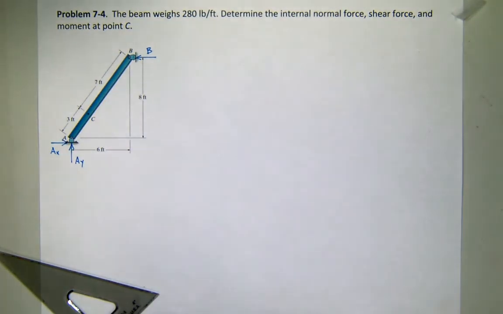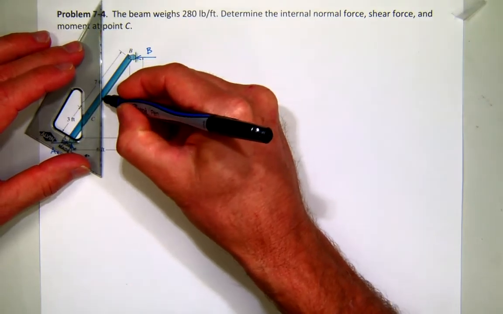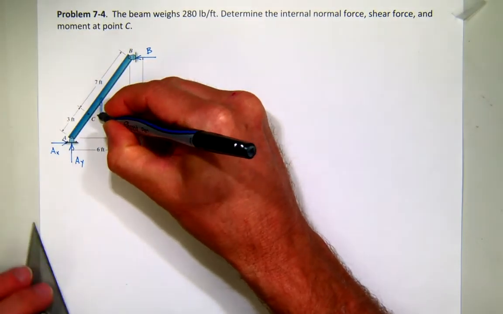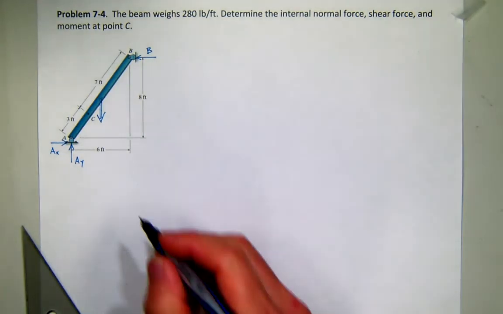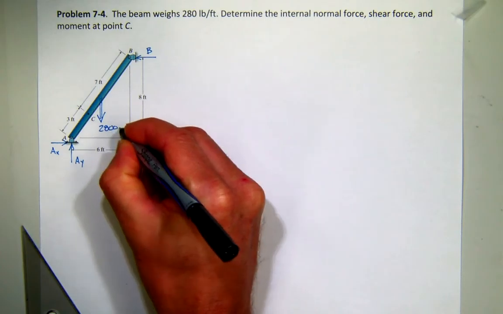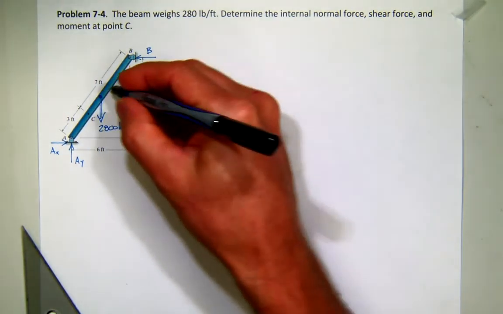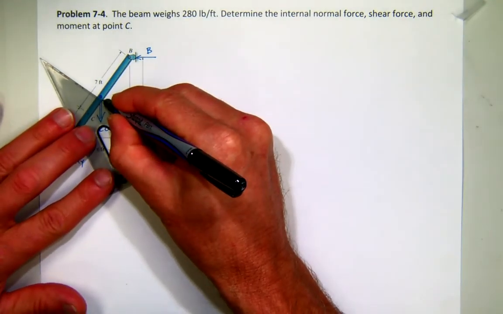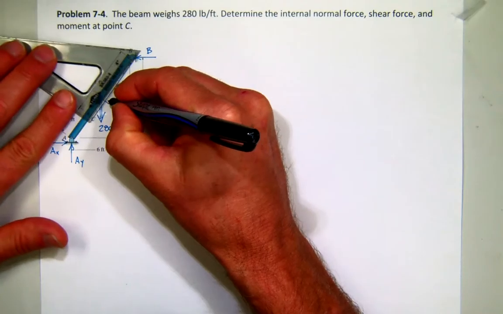And where would that force act? In the center, right? So right here in the center, I have a force of 280 times 10 feet, so that'll be 2,800 pounds acting right in the center, which if I marked it this way would be 5 feet.